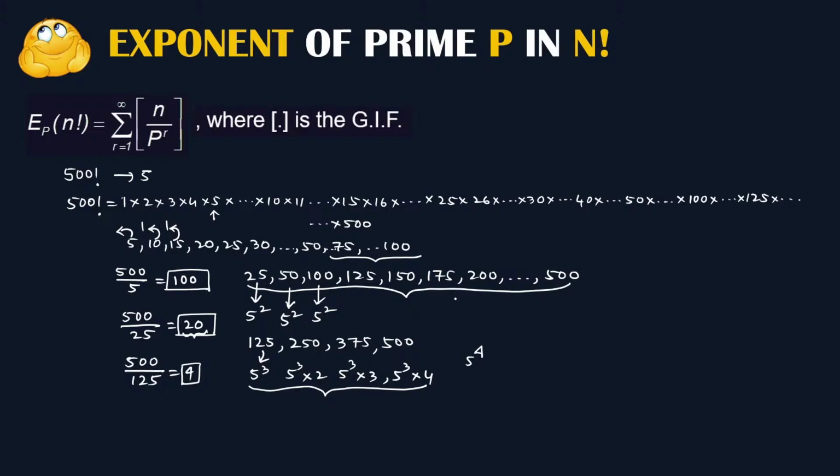Therefore, the exponent of 5 will be 100 plus 20 plus 4, that is 5 to the power 124. Is it clear or not? So what will be the exponent of 5 in factorial 500? It will be 100 plus 20 plus 4, which gives us 124.